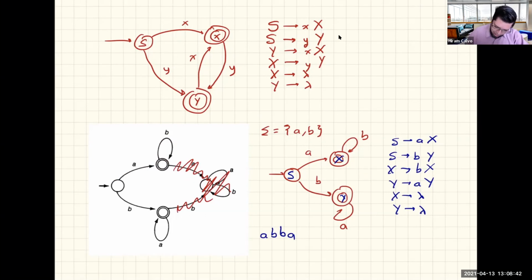We have A, B, B, A. We start trying to parse it. This is not so easy, but let's try to do it. We have this last lambda here.